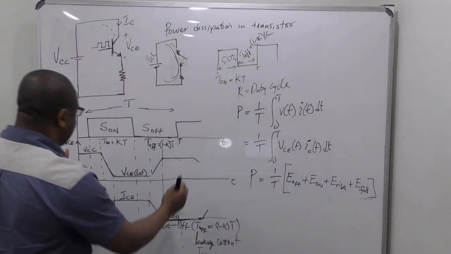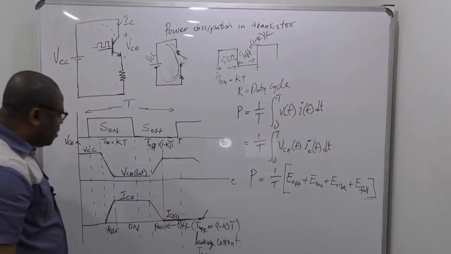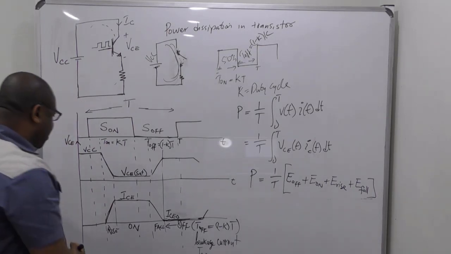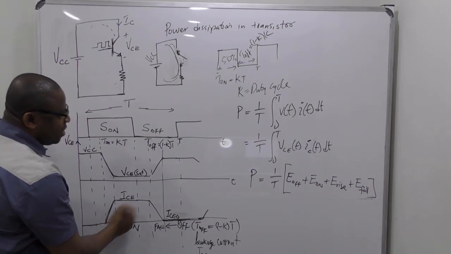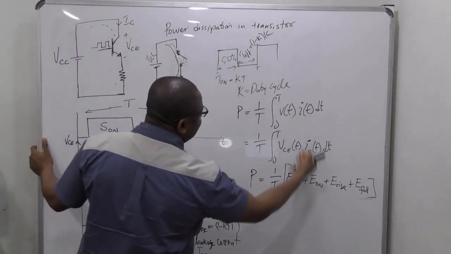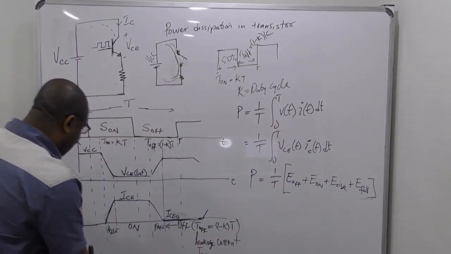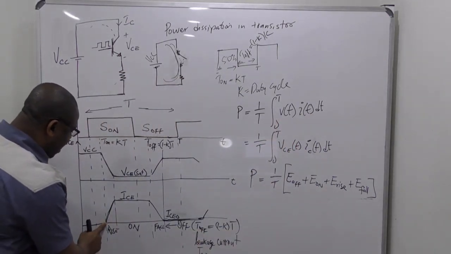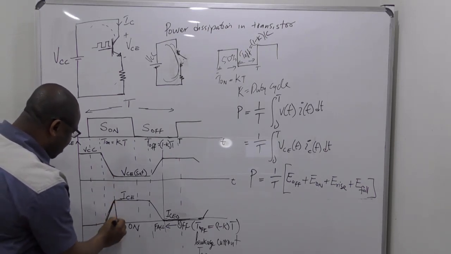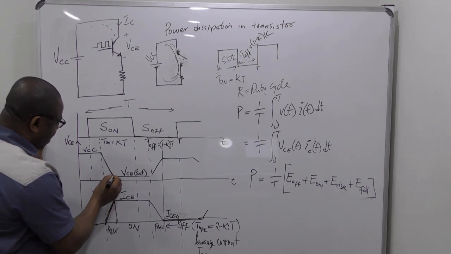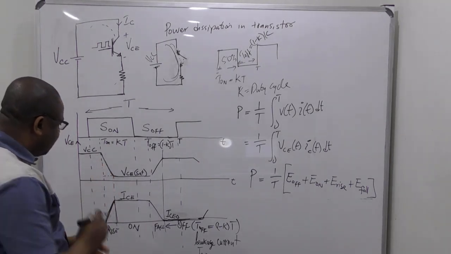I need to do it for this one period. Power multiplied by time, I times V times t, is energy. So the total energy just for this time of rise is this current multiplied by this voltage. You just need to know the equation.